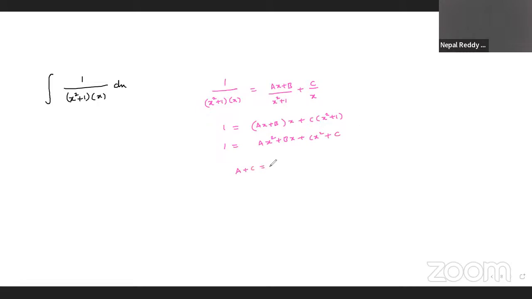Comparing coefficient of x square, a plus c is 0, and coefficient of x is 0, constant is 1.